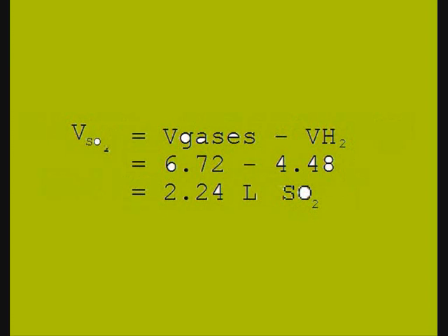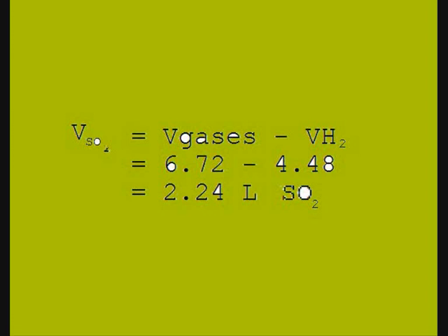So in order to calculate the mass of copper, because that's what interests us here, we must first calculate the amount of SO2 from the reaction. We know that 4.48 liters of hydrogen are liberated from the second reaction, of course, and we will just subtract it from the total amount of gas.